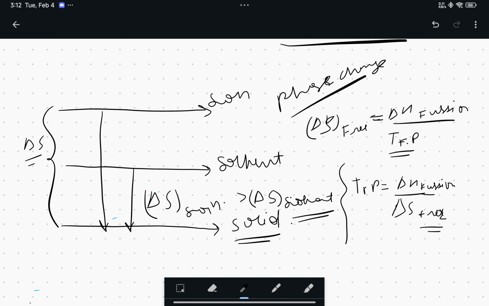So we can see that the entropy change for solution is more than that of the solvent. So we know that this is constant as we have explained above.